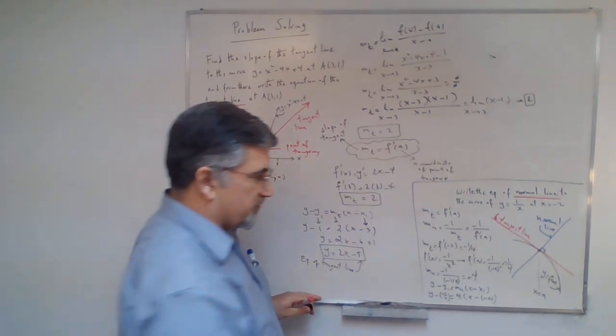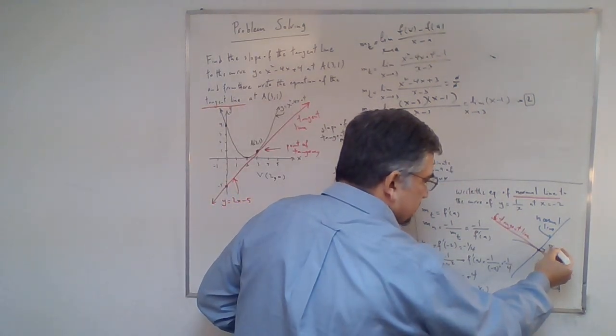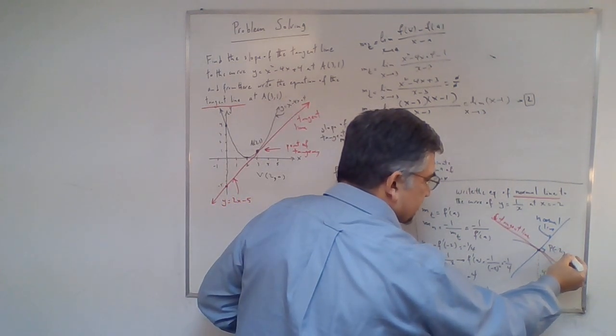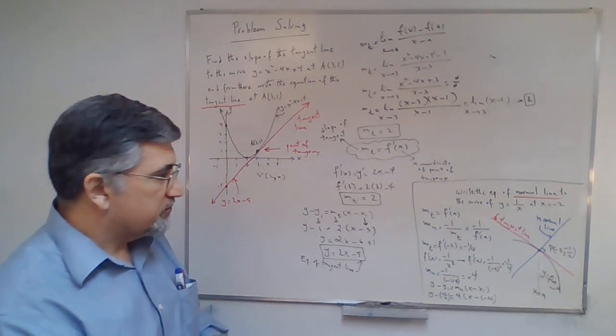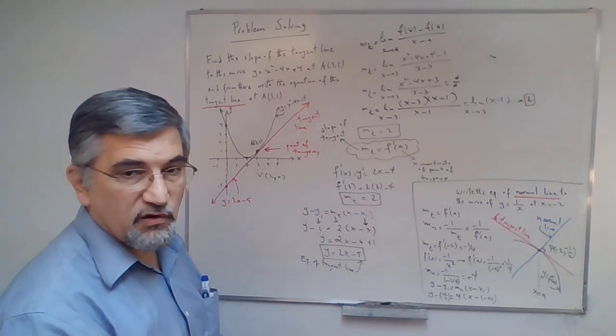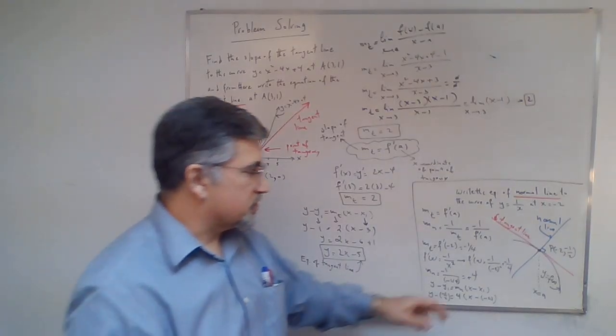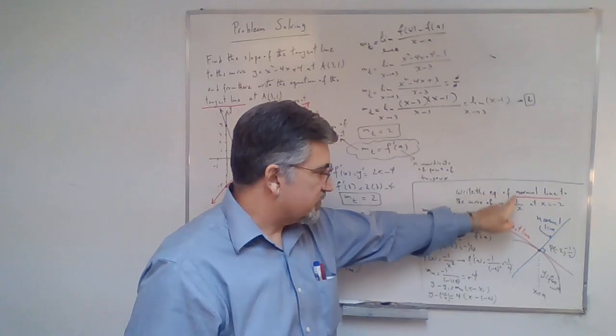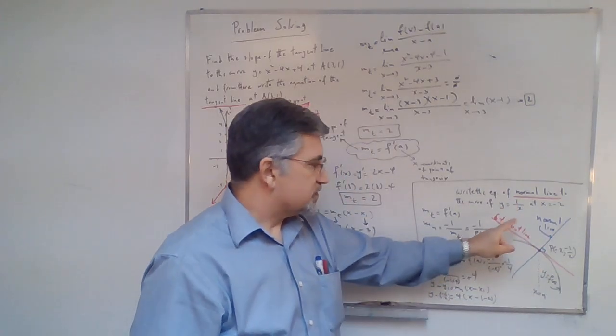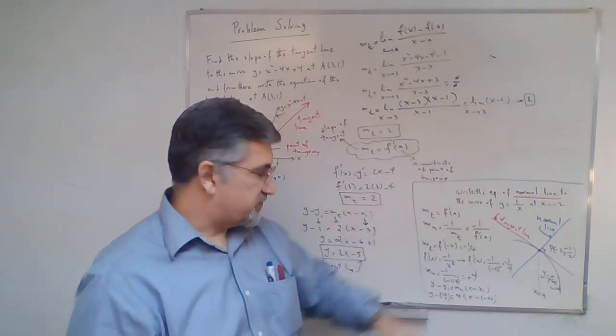So this point of tangency, if we call it point P, has an x coordinate of negative 2 and the y coordinate is negative 1/2 because this point lies on the graph. So its coordinates should satisfy the equation of the function. I plug in negative 2 here, so 1 over negative 2 is negative 1/2. That's the y coordinate of the point of tangency.